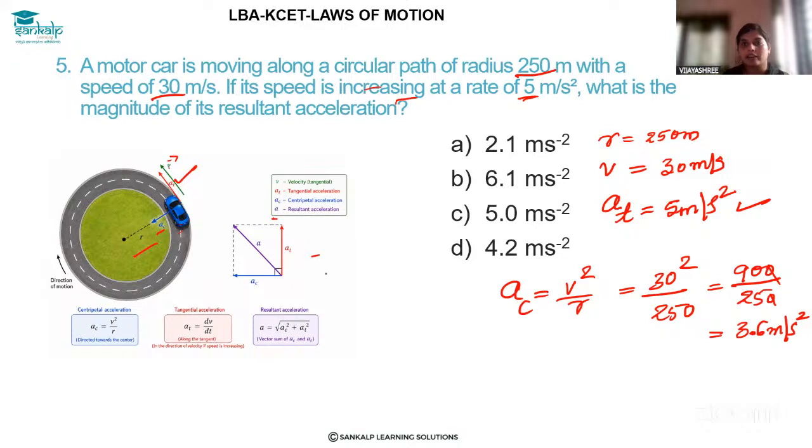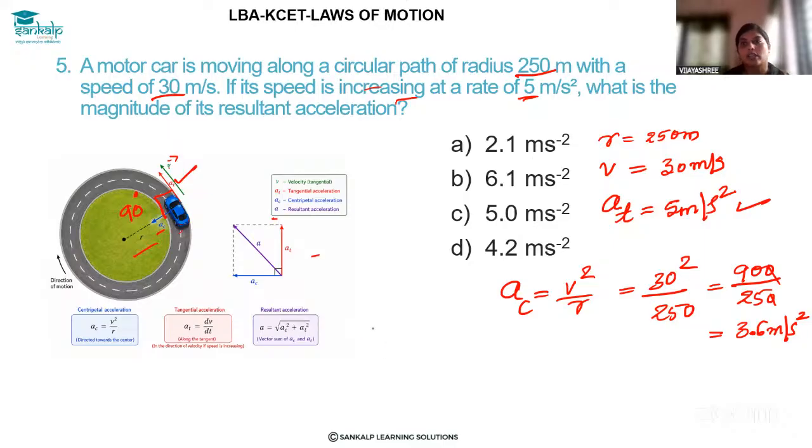Since AT and AC, tangential acceleration and centripetal acceleration, are both acting perpendicular to each other, the angle between them is 90 degrees.